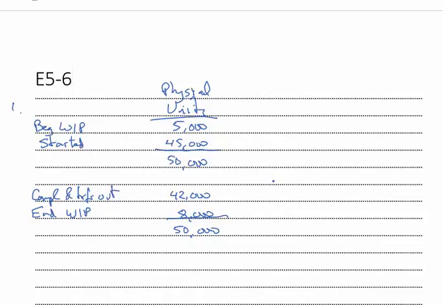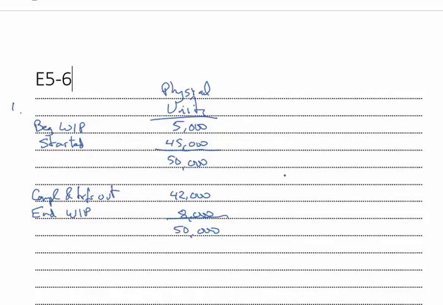Okay, and we got 3 categories: materials, labor, and overhead, not just materials and conversion. So why would we have 3 instead of 2? Well, we would do this when labor and overhead costs are incurred at different points in the production process, and when they're expensive enough that the difference between separating them out and lumping them together is significant.